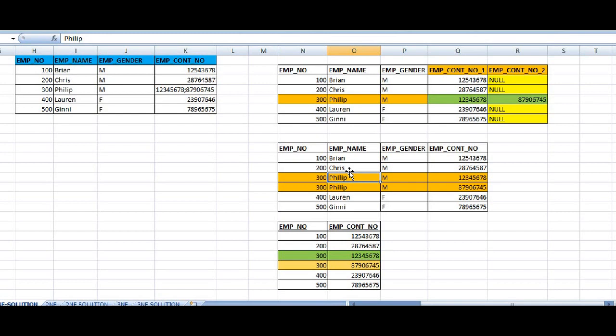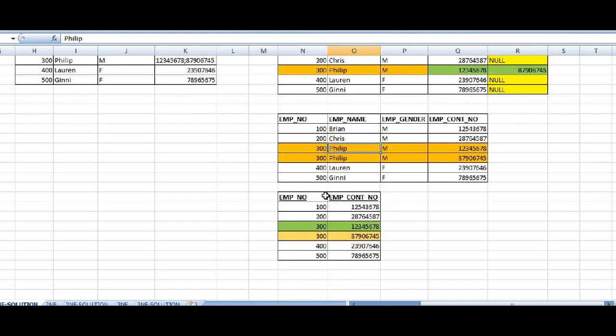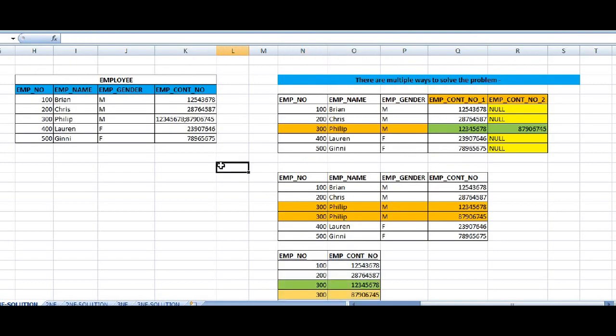Now come to the last and the most accepted and the most proper way of making our table 1NF compliant. See, what I've done is I have created one new relation or a new table where I have kept these 2 columns, employee number and its associated contact number.